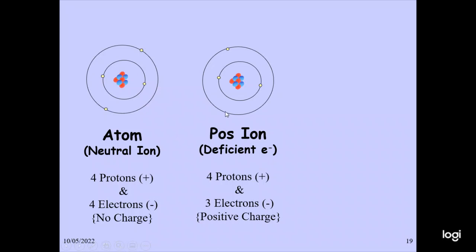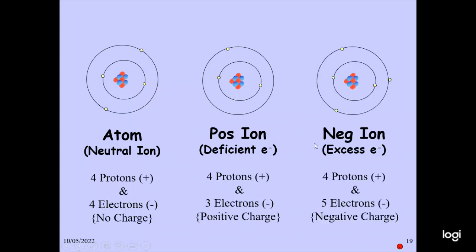But here you see 4 red protons but only 3 outer electrons. Therefore the positive are more, and this ion is called positively charged. A negative ion means you can see 5 electrons but only 4 protons, so that will be a negative charge.